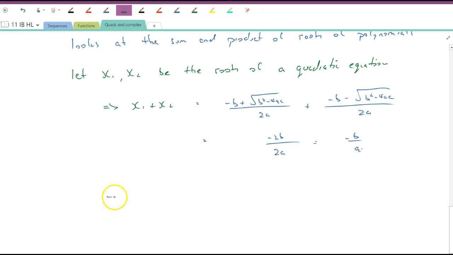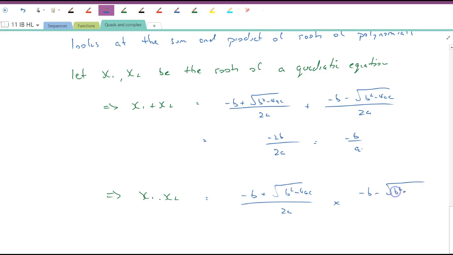Now let's have a look at the product of the roots, x1 by x2. What's that going to be? Well, we have minus b plus the square root of b squared minus 4ac over 2a, times minus b minus the square root of b squared minus 4ac over 2a.